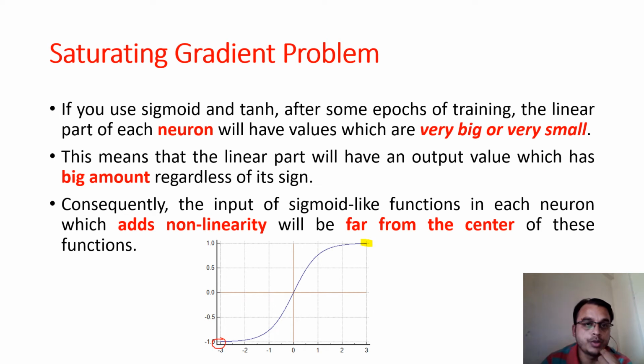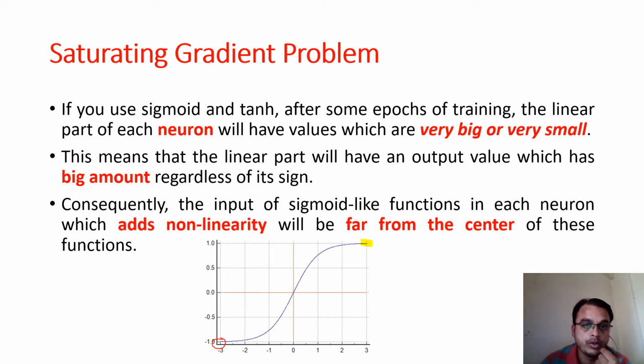Now, the saturating gradient problem. What do we call a saturating gradient problem? If you use sigmoid and tanh, after a number of epochs of training, the linear part of the neuron will have values which are very big or very small. This means the linear part has an output with a big magnitude regardless of its sign.